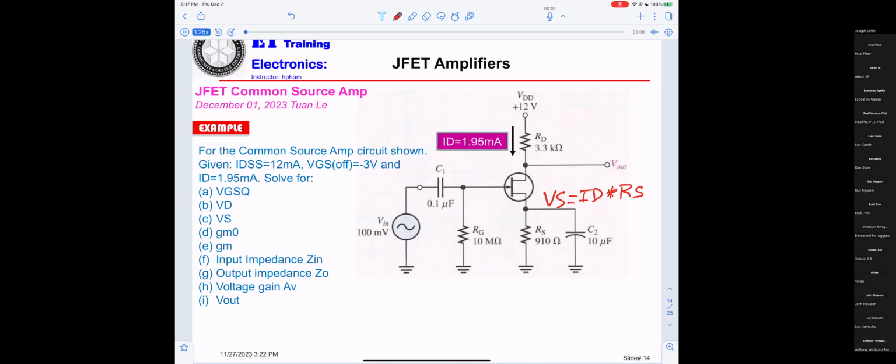And you know that here is VG, that will be the source right here, and that will be the drain. So now if they ask for VGS, I just quickly turn to VGS equals VG minus VS. You already know VS, and VG is 0. That's a DC we already calculated.